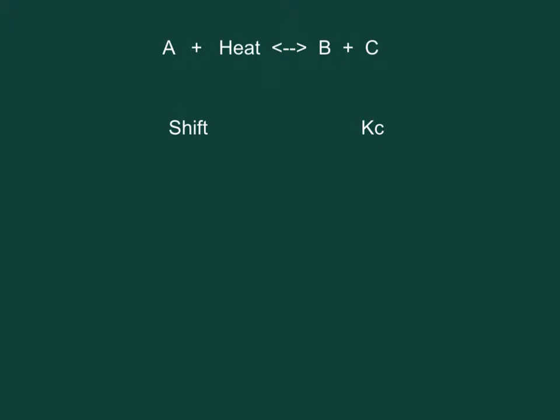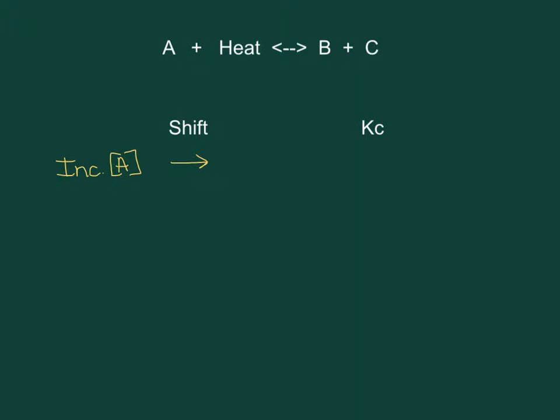So if we increase the concentration of A, it's going to cause a shift to the right. Whenever we're adding something, the shift is going to be away from whatever it is that we're adding, because we need to make more reactants in this case to balance out the equation once again.